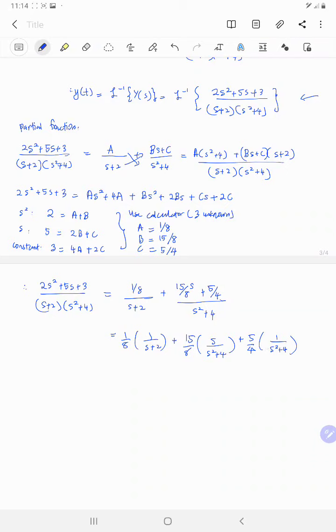So this is the inverse that we need to find.